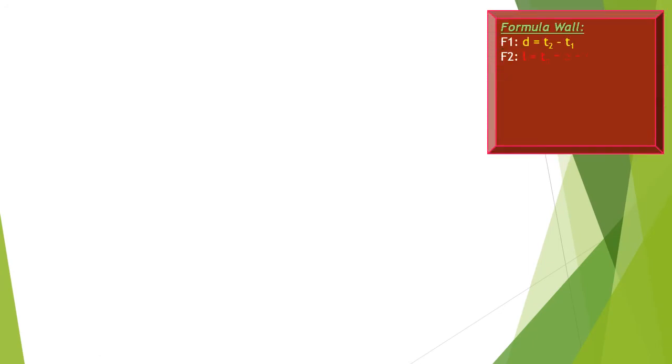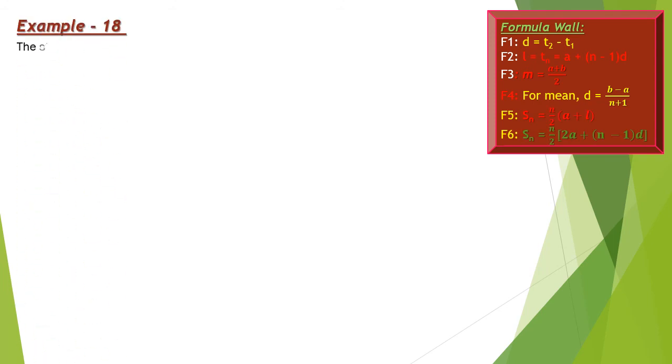You can see the example is 18 and our slide is 30. The starting salary of a man is 20,000 and it increases by 2,000 each year.